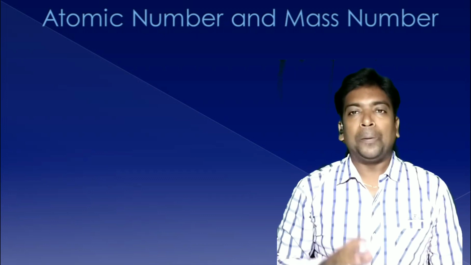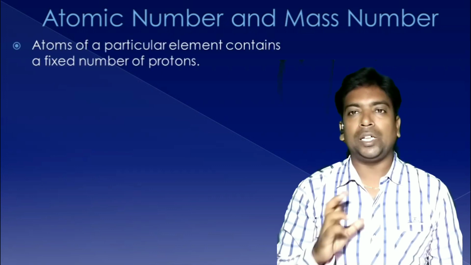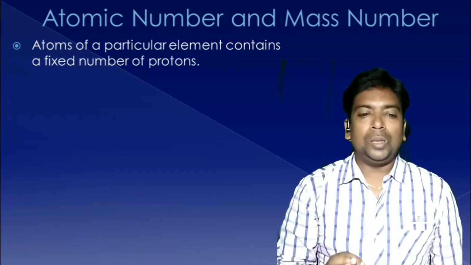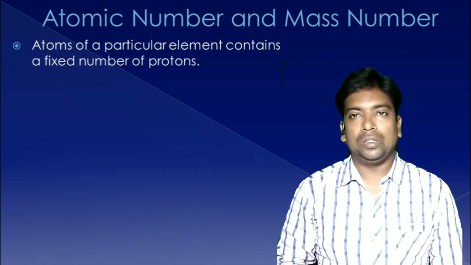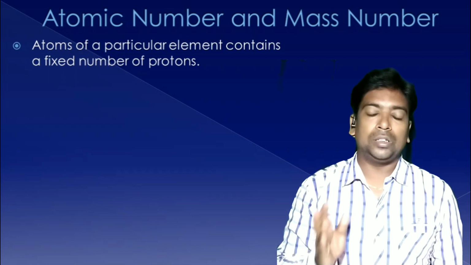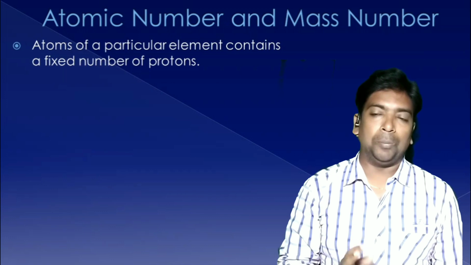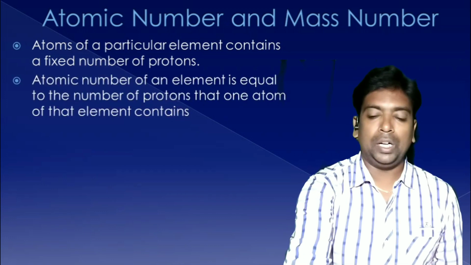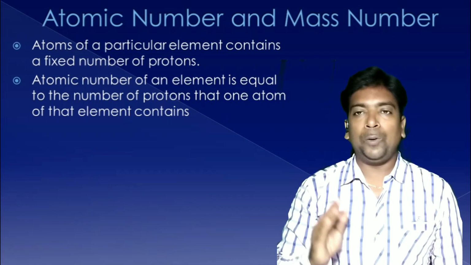Now, we will go to the concept of atomic number and mass number. What is atomic number and what is mass number? Children, atoms of a particular element contain a fixed number of protons. Atoms of different elements contain different numbers of protons. But atoms of a particular element, suppose all the hydrogen atoms, contain one proton. And this number of protons is different for different elements.